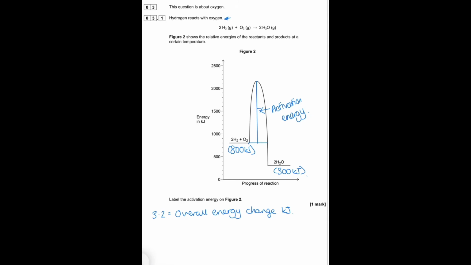Therefore, the overall energy change is we've gone from 800 to 300, so 800 take away 300, and that gives us an answer of 500 kilojoules.